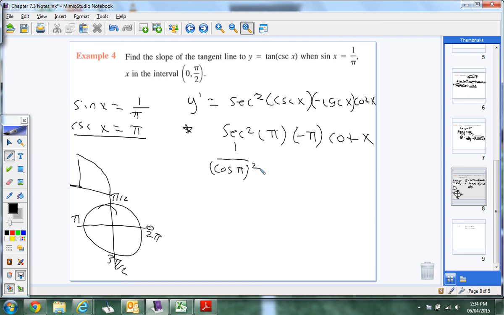Okay, so if I come over here to pi, that x value is negative 1. Negative 1 squared is 1, so this essentially just goes away. I'm plugging pi in. Yes. It being cosine tells me the x value. Does that make sense? Okay.